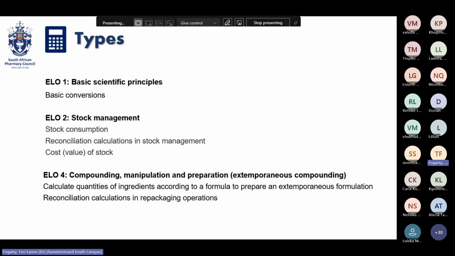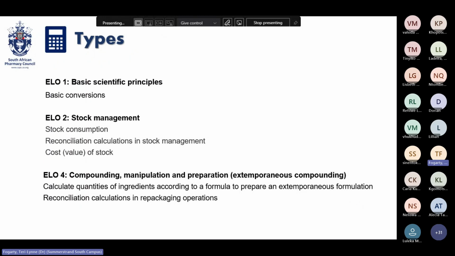Although it's done under supervision in practice, there needs to be an ability to do some of these calculations, calculating quantities of ingredients according to a formula to be able to prepare an extemporaneous formulation, and then reconciliation calculations in repackaging operations.